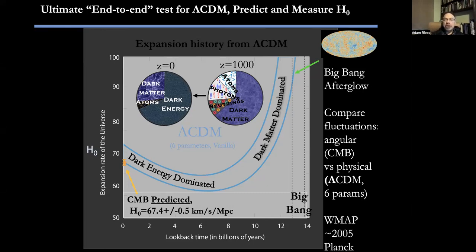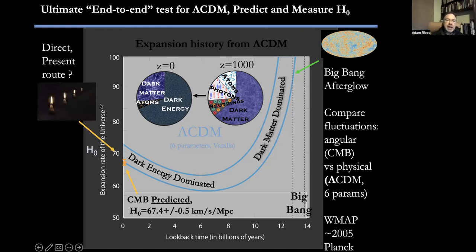Once those parameters are calibrated, we collapse to essentially one specific line here, one specific expansion history. And that one, shown here, predicts that the Hubble constant today ought to be 67.4 plus or minus 0.5. And so a powerful test is to use the more direct route to actually measure, by the definition, the expansion rate of the universe. And that becomes a powerful test of this whole story about LambdaCDM and whether we have the right model and whether it's complete.